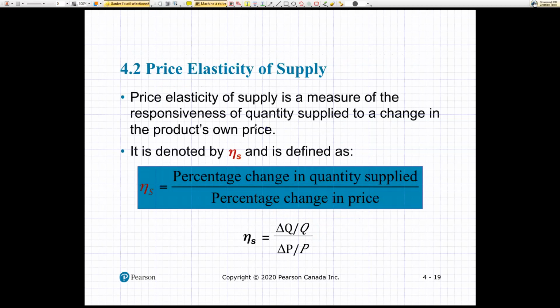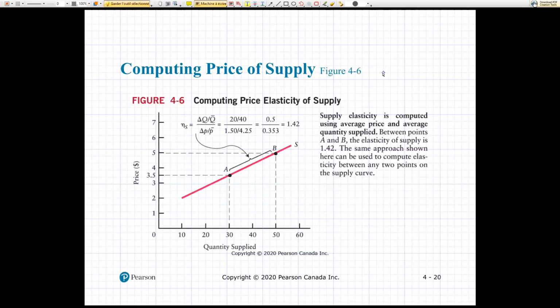All right, so supply is exactly the same, just that you're going to naturally get positive values for eta. Here they write eta S for supply elasticity. That's just the percentage change in quantity supplied divided by the percentage change in the price, so delta Q divided by Q, divided by delta P over P. You compute it the same way as you do for price elasticity, basically.